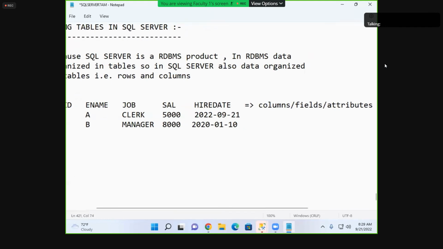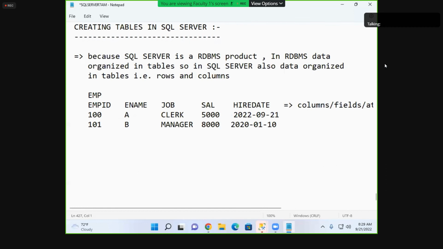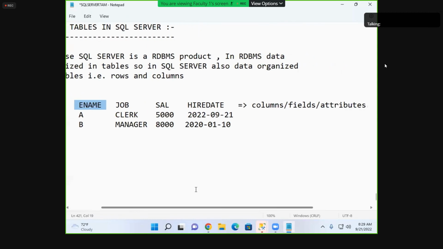So you can call it a column, or a field, or an attribute.